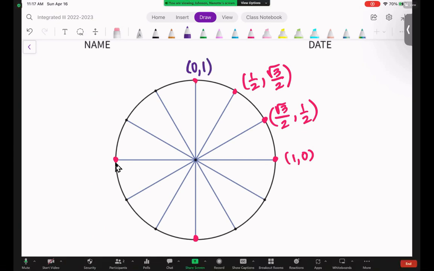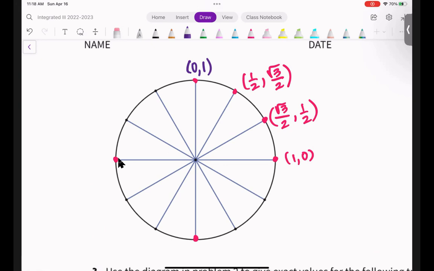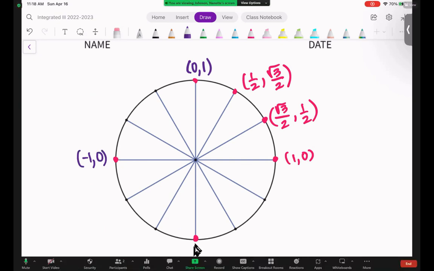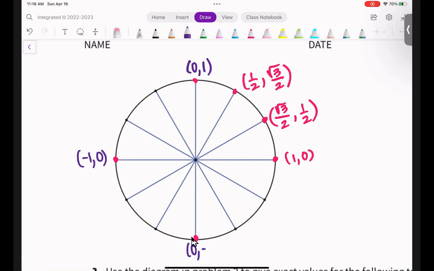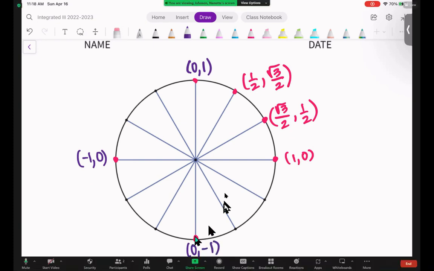And then what would this one be? We went left 1, so that's -1, comma, and then it didn't go up or down, so it's 0. And this one down here, I didn't go left or right, so that's 0, comma, and I went down 1, -1.